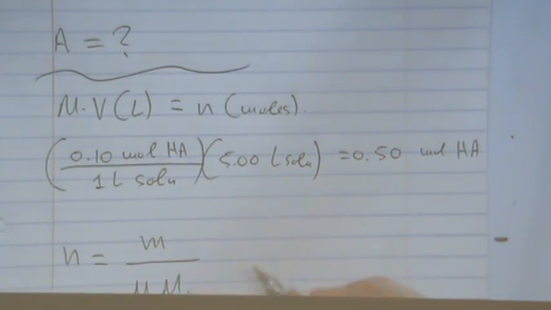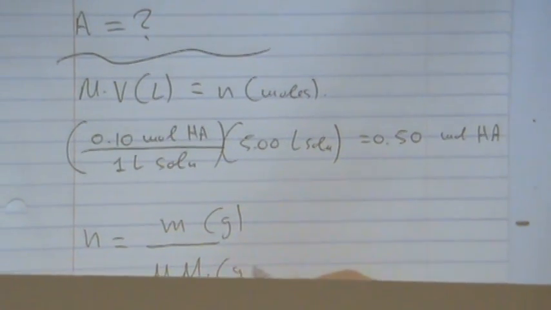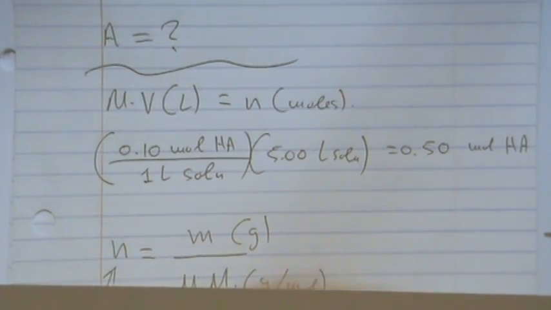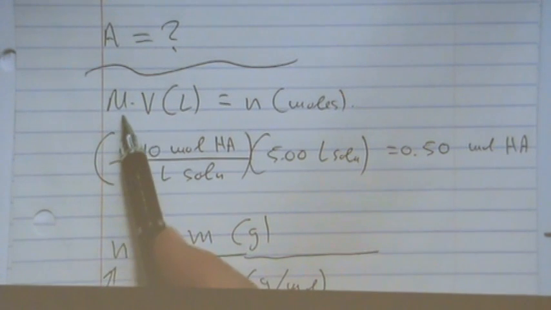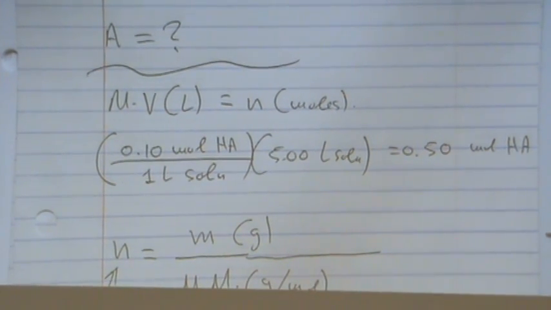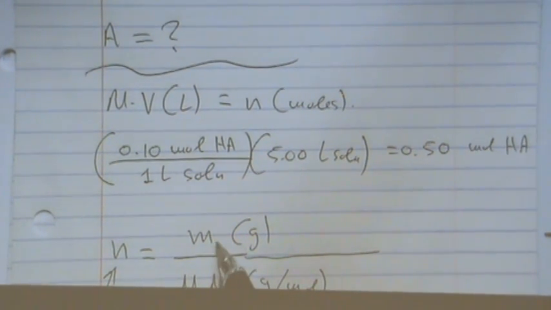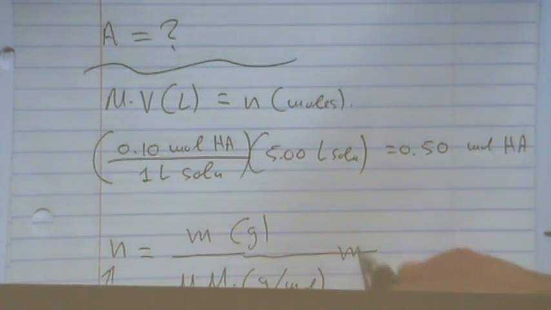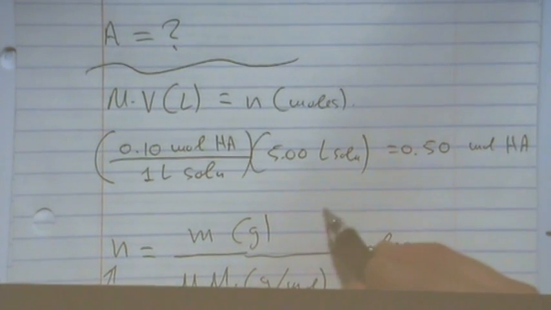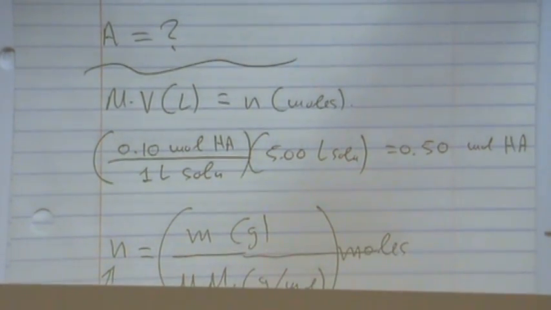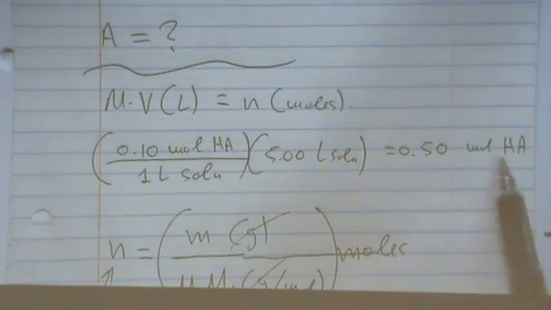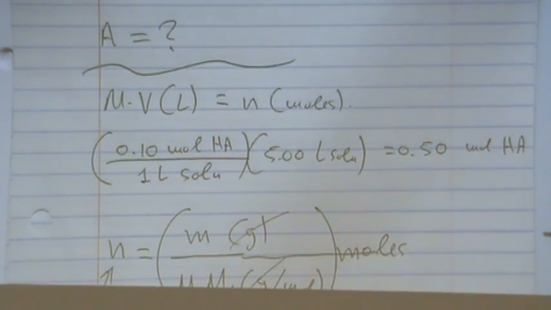These two equations are very important, right? This is in grams, and this is in grams per mole, and this is, of course, going to be moles. Molarity times volume, volume in liters, gives you moles. And the number of moles is always mass divided by the molar mass. Grams per mole, that will give you moles. So, we know the number of moles, we know the mass, and we can find out the molar mass.